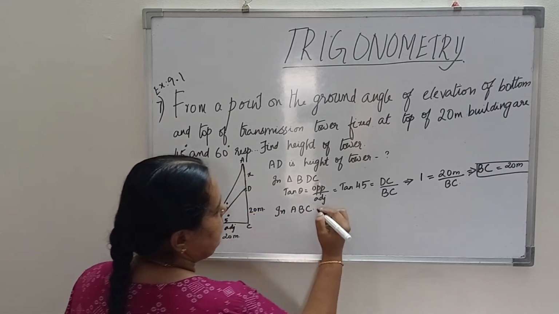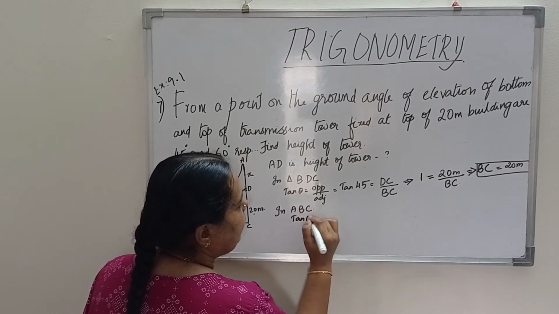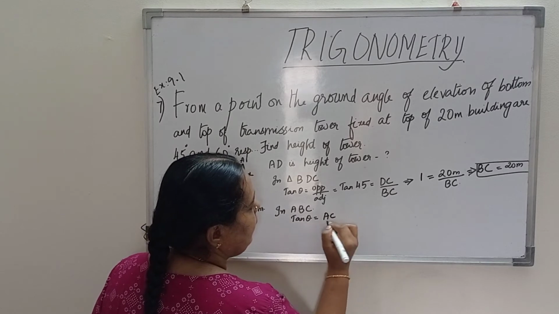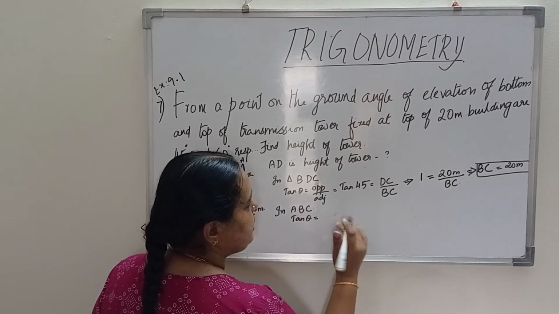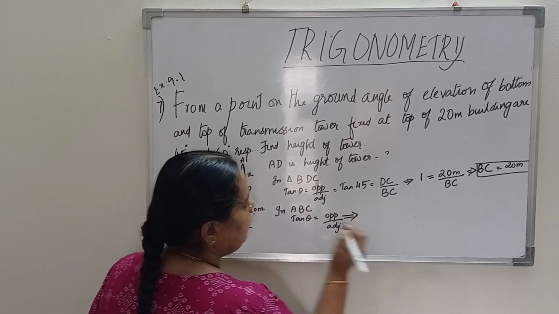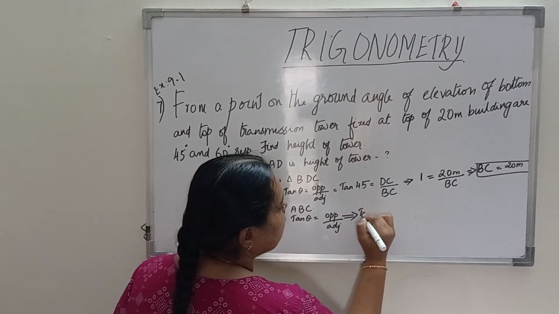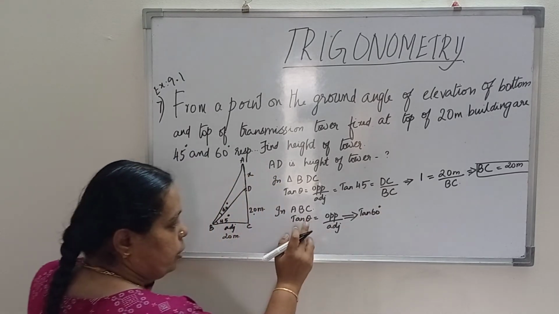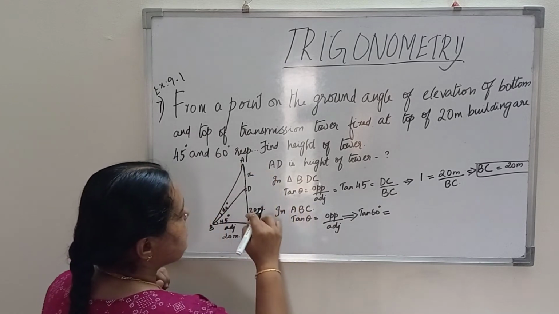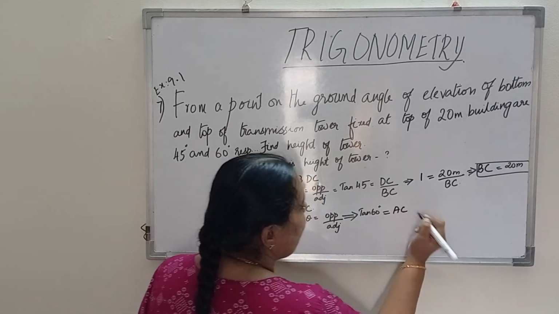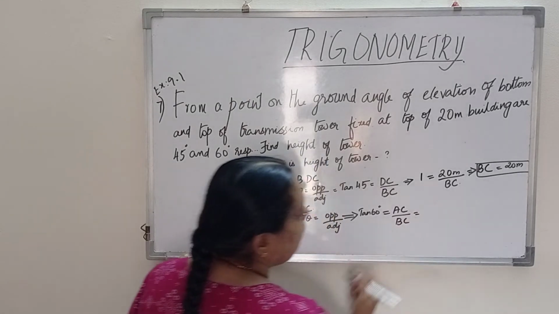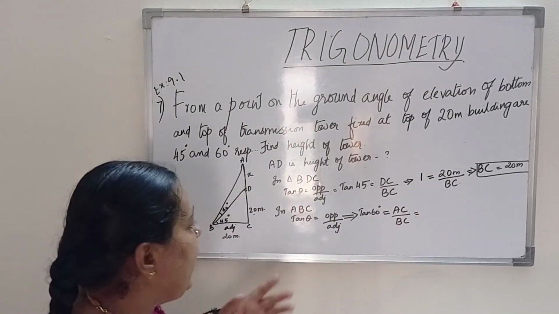In triangle ABC, tan theta is equal to AC by BC, opposite by adjacent. Instead of theta, I will write 60: tan 60 is equal to the opposite side AC by the adjacent side BC.